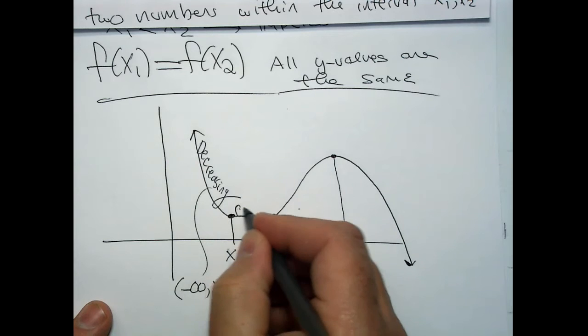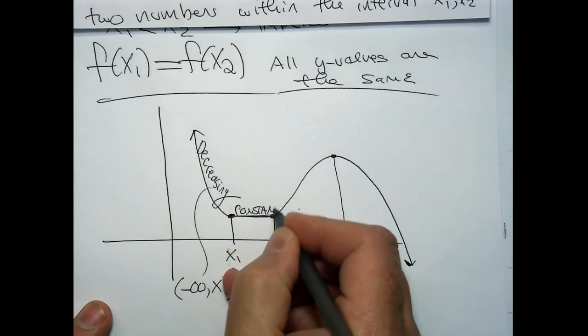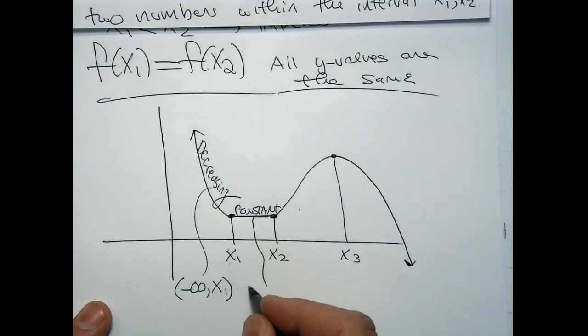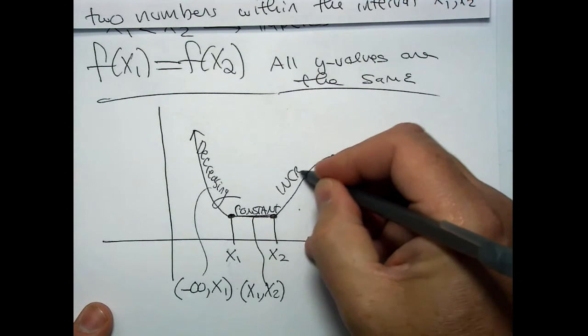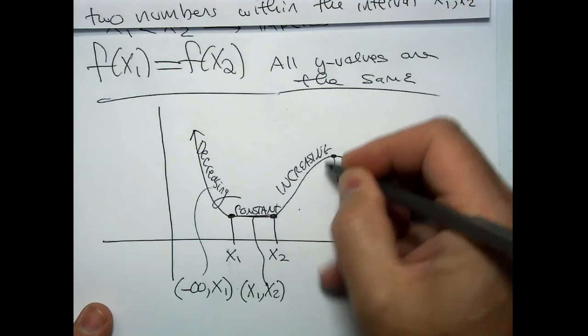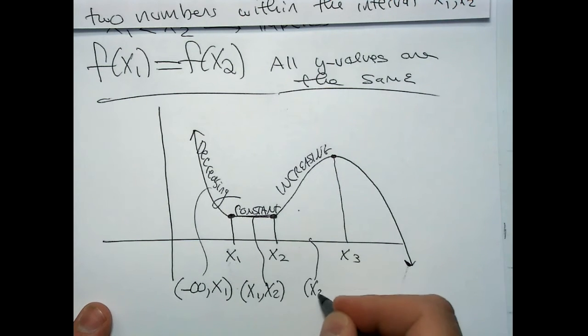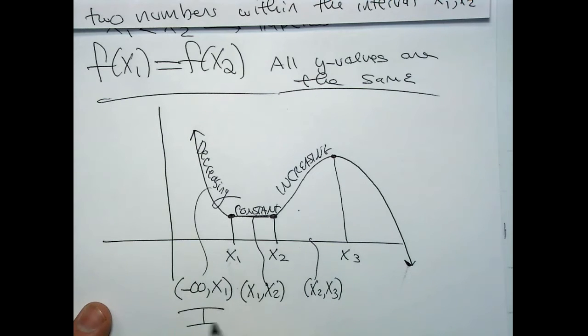Now this seems to be an interval in which my y value remains constant, and if I were to call that interval out, that would be x1, x2. Here's my increasing interval, and that interval would be x2, comma, x3, not an ordered pair. This is interval notation.